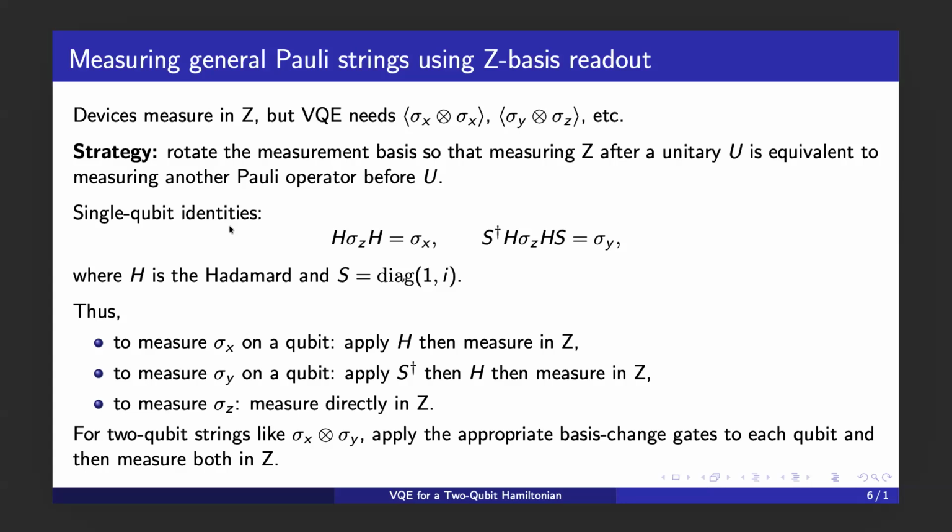With the single qubit identities, which we have seen for the single qubit case, you would measure an X on a qubit by applying H and then measuring Z. So you would perform this operation on that qubit, and a corresponding operation on the other one as well. And for two-qubit strings like sigma X, sigma Y, you apply the appropriate basis change gates to each qubit and then measure both in Z.